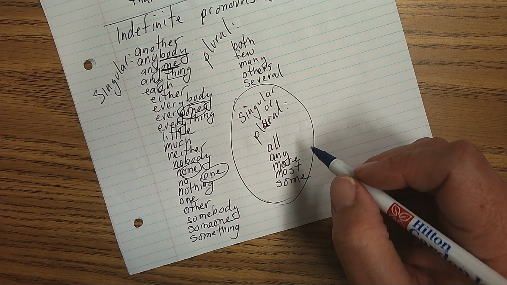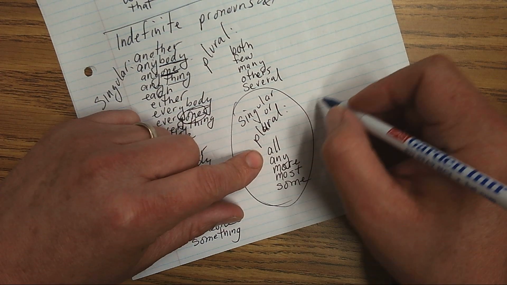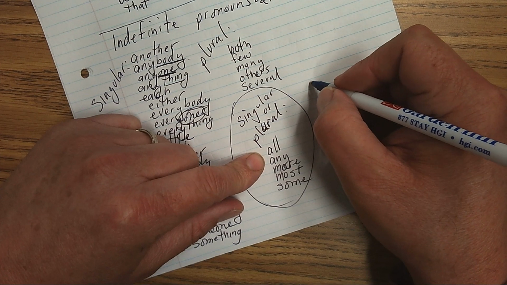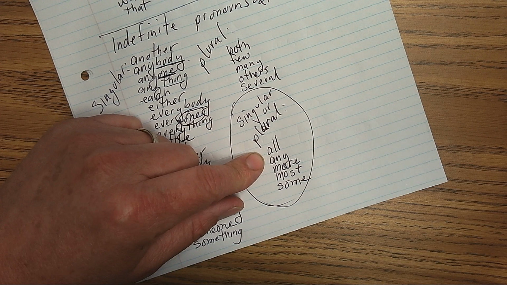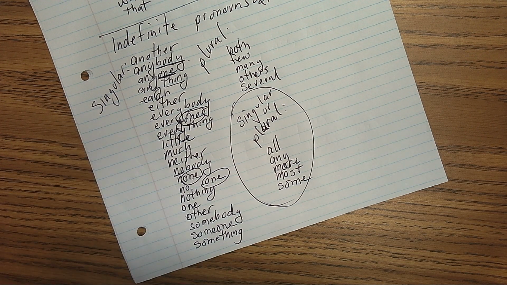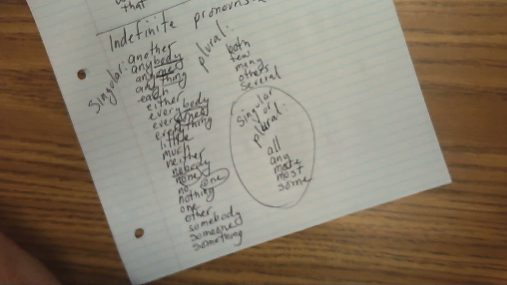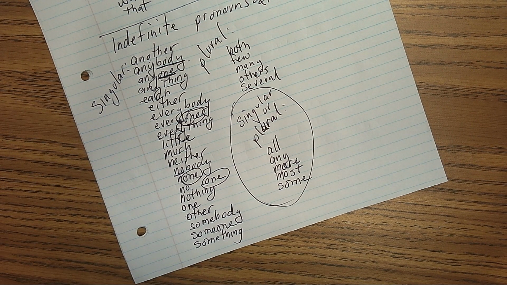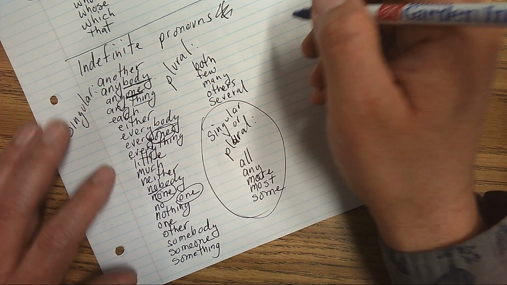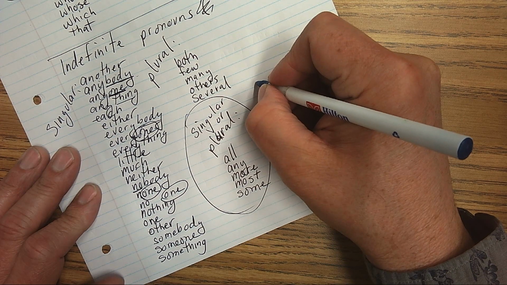Well, what you do is, we've got to find a sentence, an actual sentence that shows it. Don't see one in this section, but let me give you a quick example.